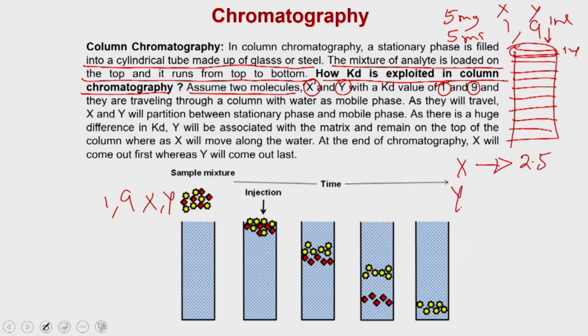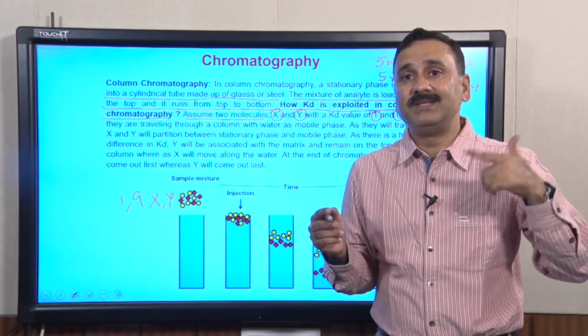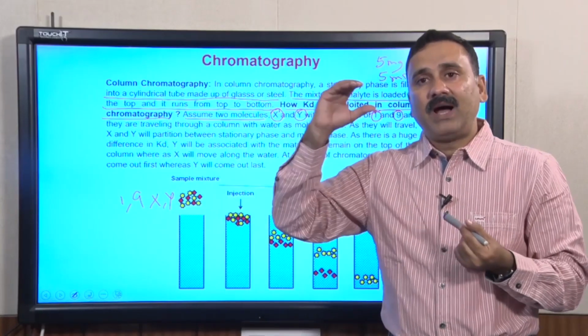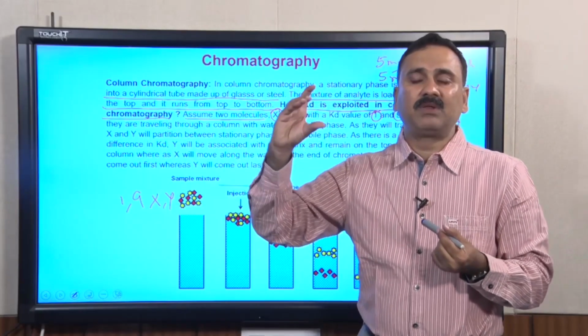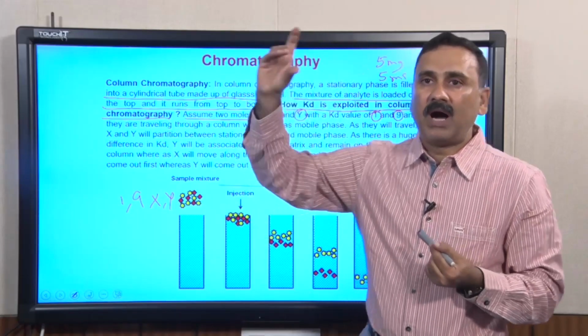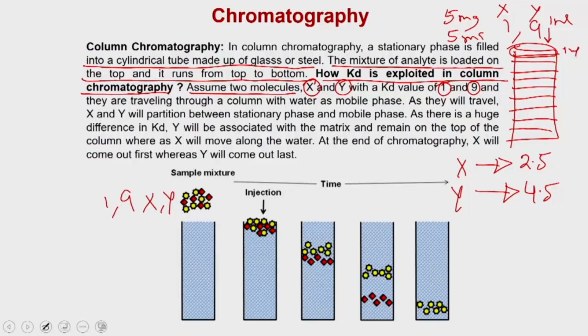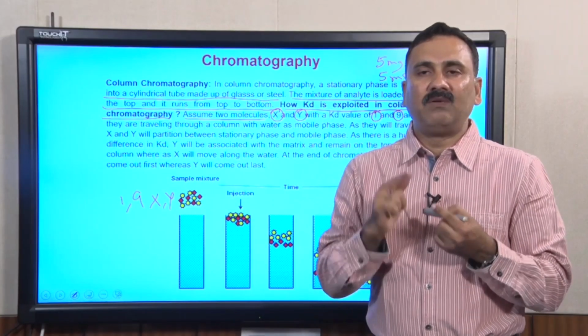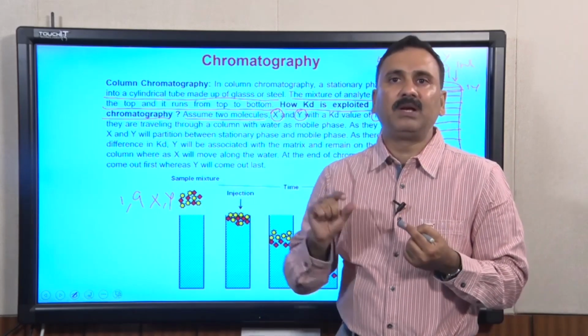Similarly, for Y it is distributed as 4.5 versus 0.5 because the Kd value is 9. This means the 4.5 milligrams of Y will be bound to the first layer of your beads, whereas the 2.5 milligrams of X is going to bind to that particular bead.